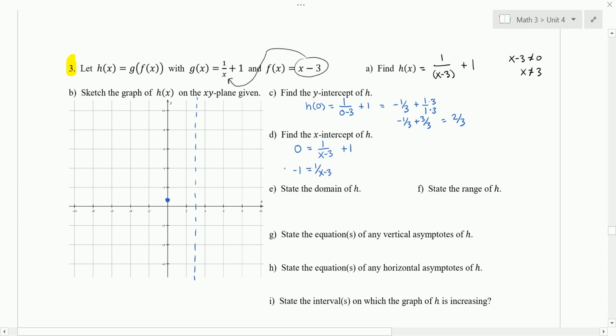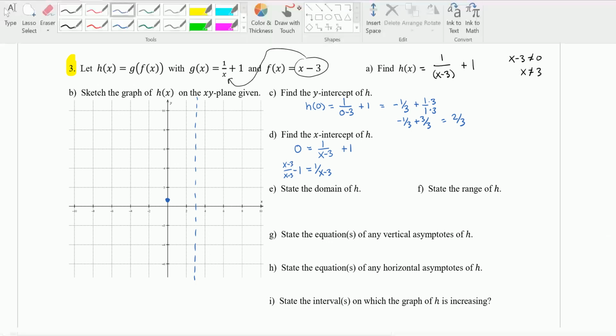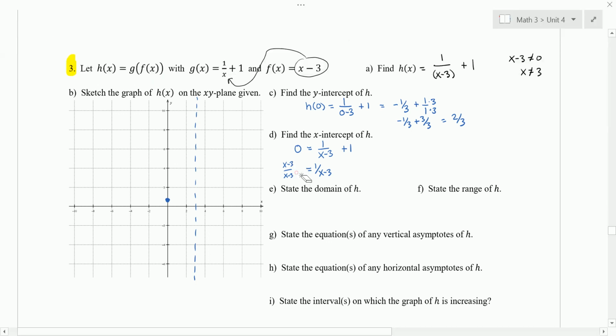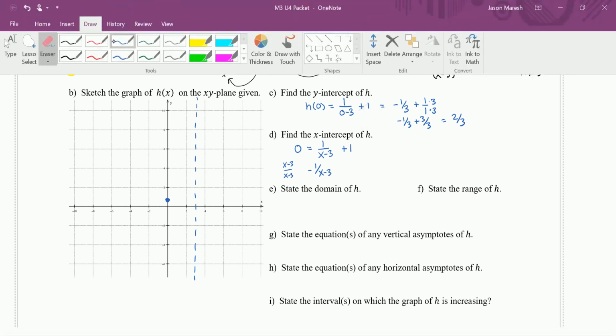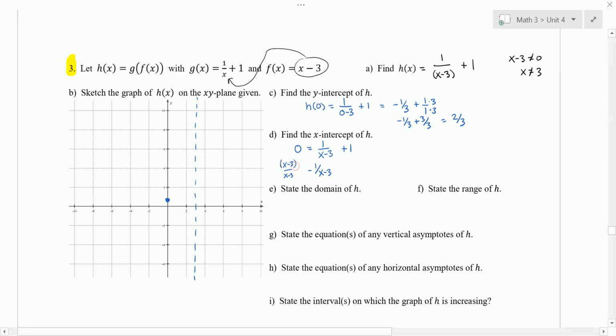That 1 I'm going to multiply by x minus 3 over x minus 3, and we end up with negative x plus 3 over x minus 3 is equal to 1 over x minus 3.